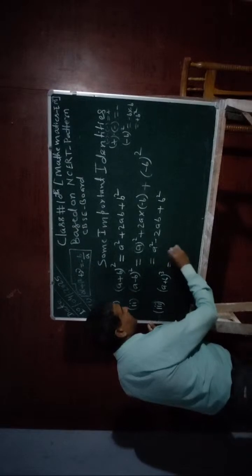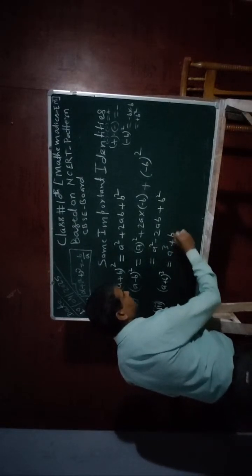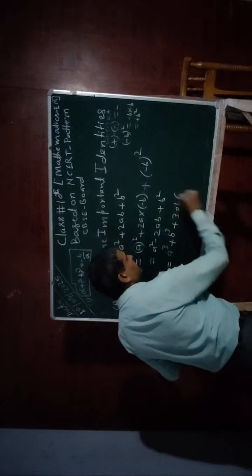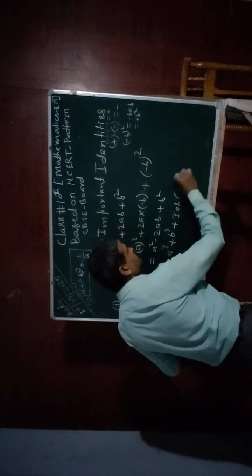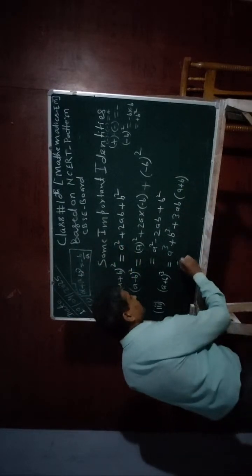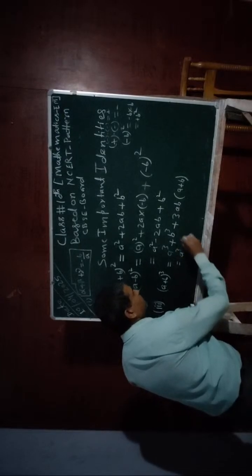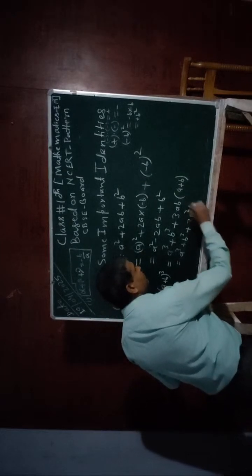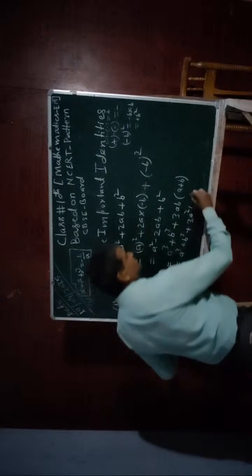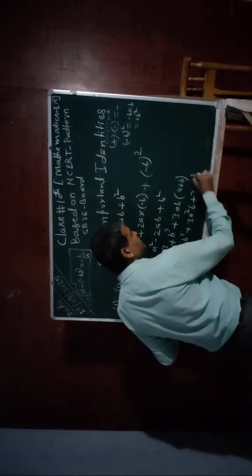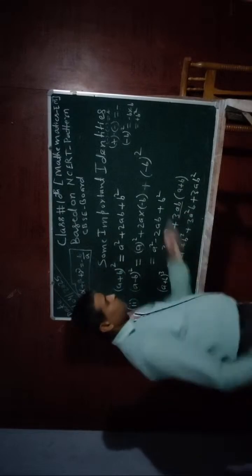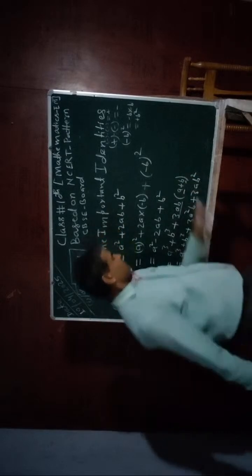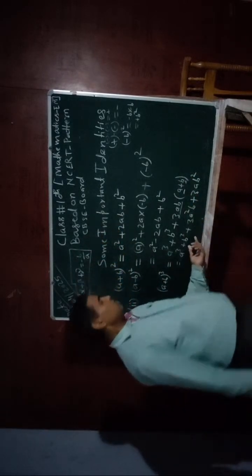It will be a cube plus b cube plus 3ab, in the bracket a plus b. Or in other words, a cube plus b cube plus 3a square b plus 3ab square, because I will multiply this with this term and then multiply with this term. After multiplication we will get this one.